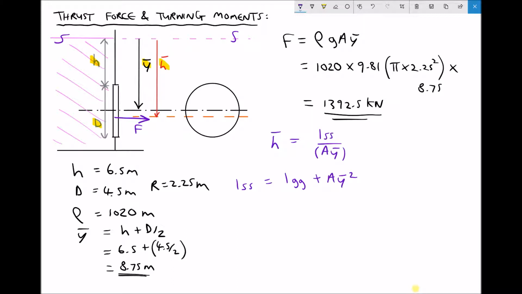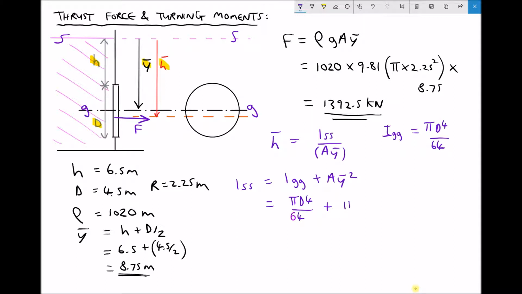In the previous video, we explained that IGG was the second moment of area about the centroid. The centroid is given the axis legend GG. And second moment of area is something we've calculated in previous tutorials. The second moment of area, IGG, about the centroid for a circle is pi d to the fourth over 64. Therefore, ISS is pi d to the fourth over 64 plus A y bar squared.